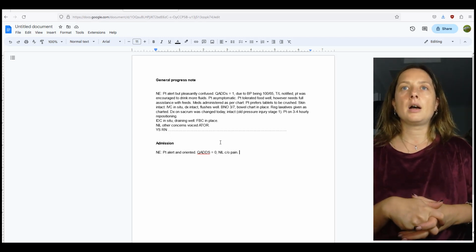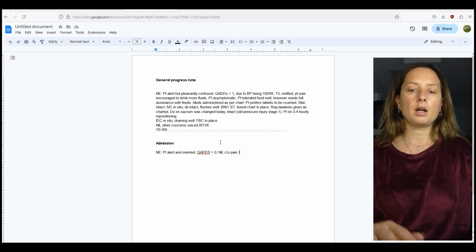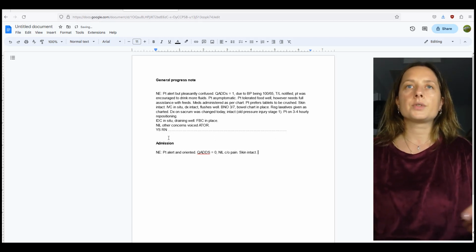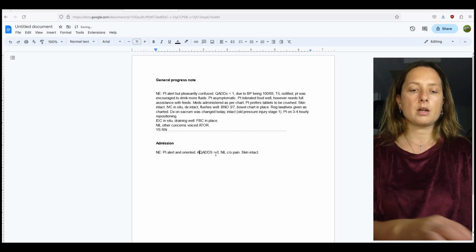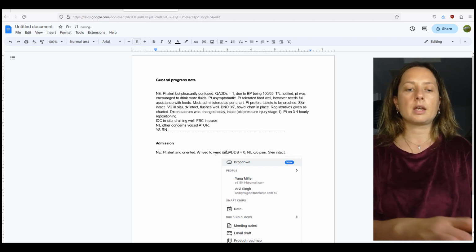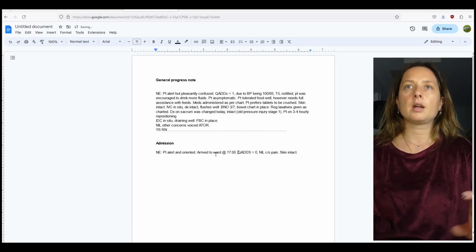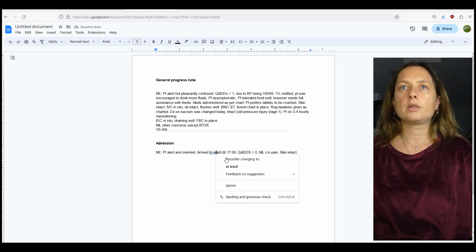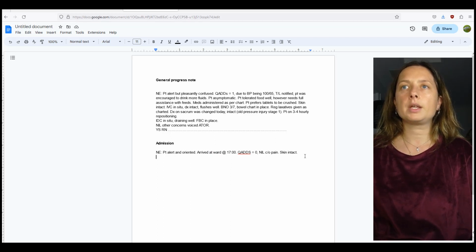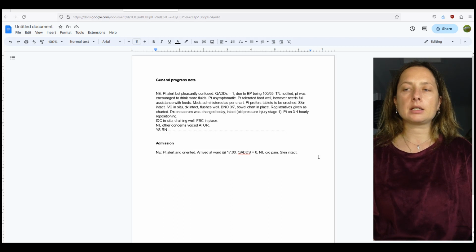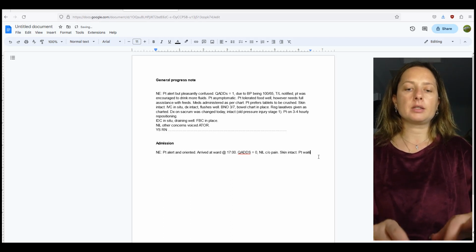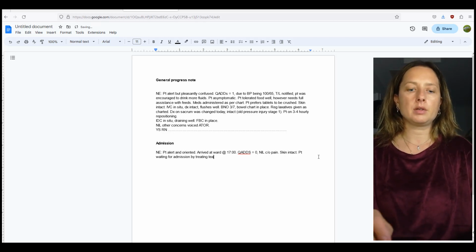So I would say, because it's admission, patient alert and orientated, arrived to ward at 17, Q adds equals 0, new complaint of pain, skin intact, patient waiting for admission by treating team.